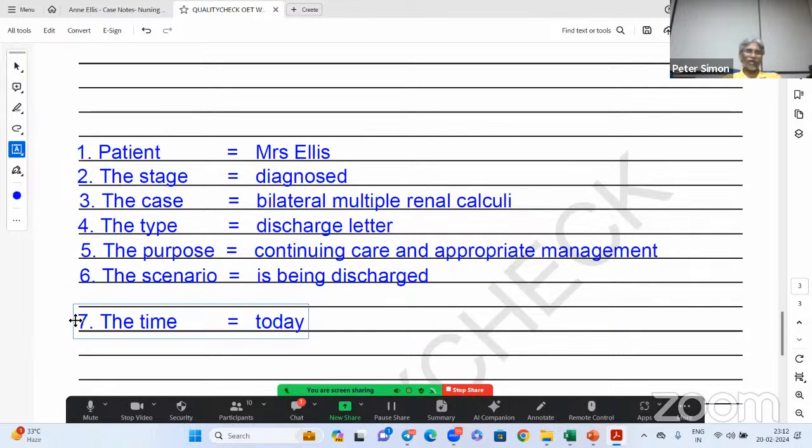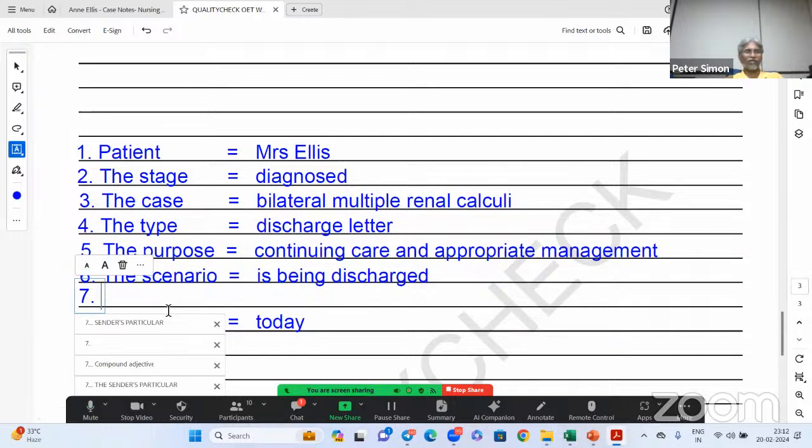Now this will take point number 8. The destination. Where is he going?